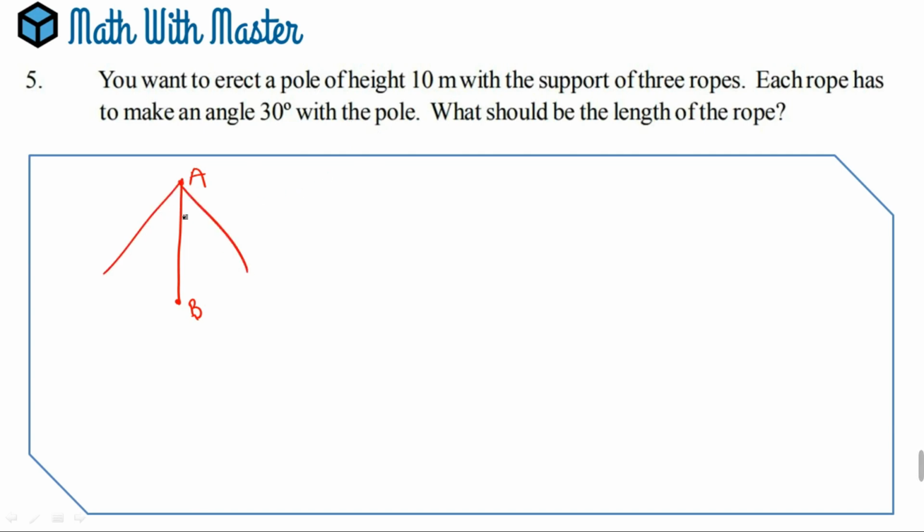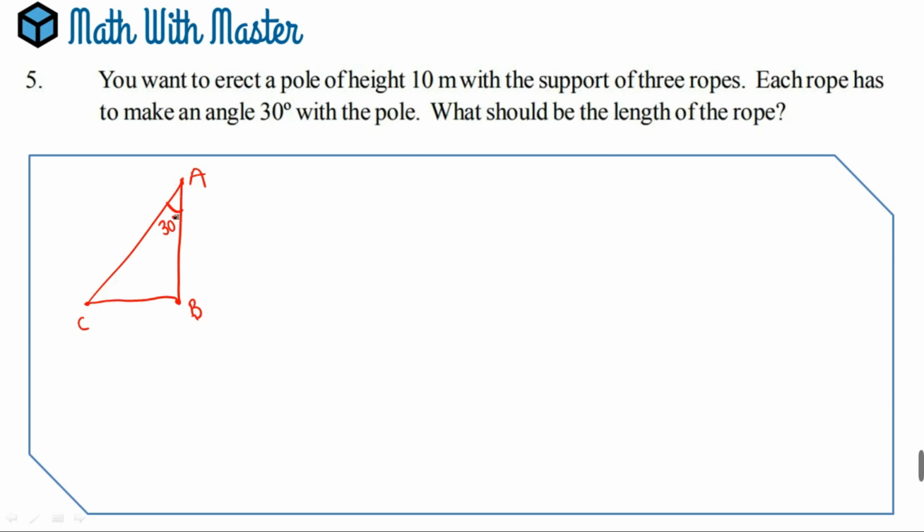So there will be 3 ropes like this, but for better understanding we will draw only one rope because they will be equal. So they should make 30 degrees with the pole here, sorry, not with the ground.